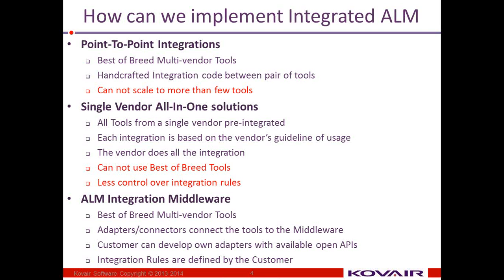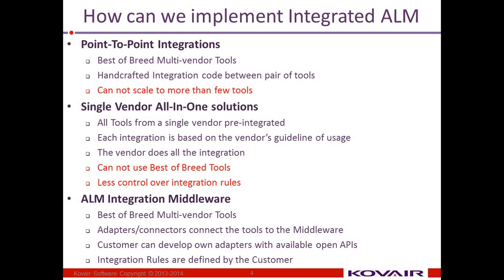So to keep up with those changes, you need to work on multiple pieces of code. So for example, if we have 10 tools in the scenario and one tool changes its version or API, then you need to work on 9 pieces of code which are connecting this tool to the 9 other tools. So it is not a scalable model. It cannot be used for more than 2 or 3 tools.